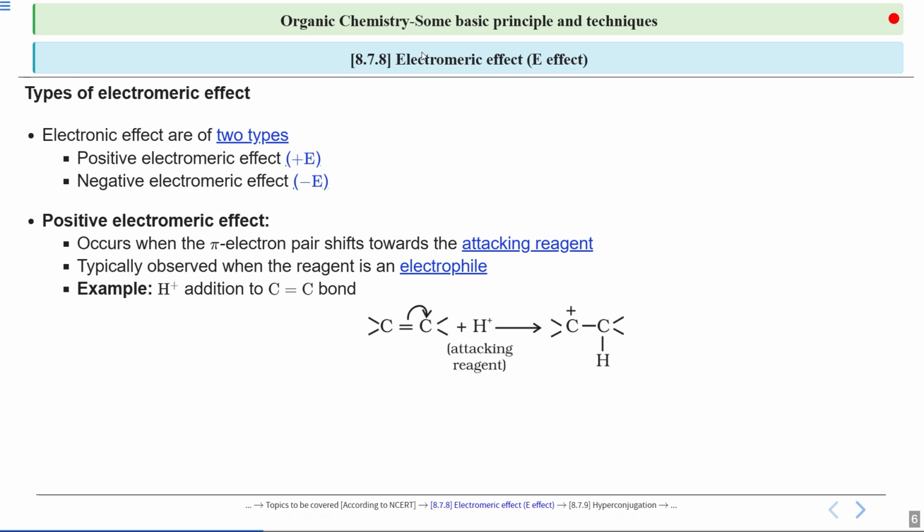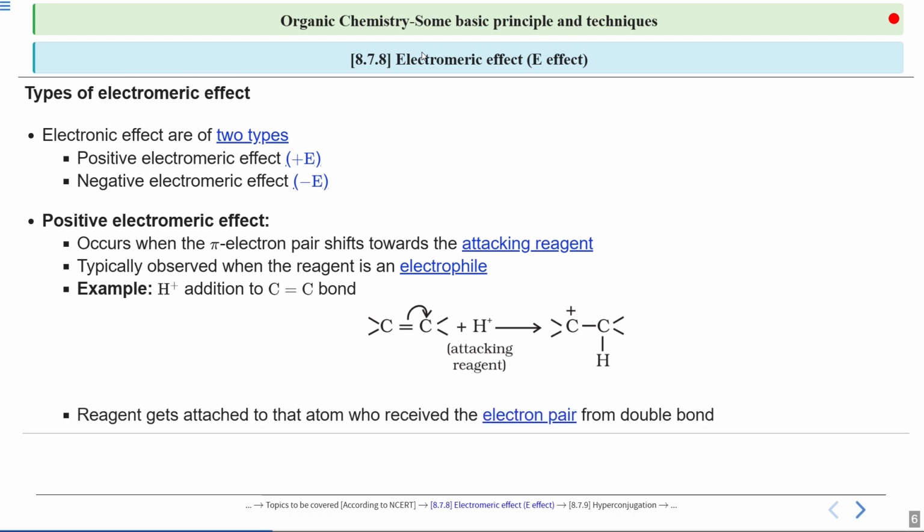This is the most important point. Overall, due to the presence of this attacking reagent, your pi bond is donated onto the H plus ion. So it is an example of the plus E effect, or positive electromeric effect. The reagent gets attached to that atom which receives the electron pair from the double bond.